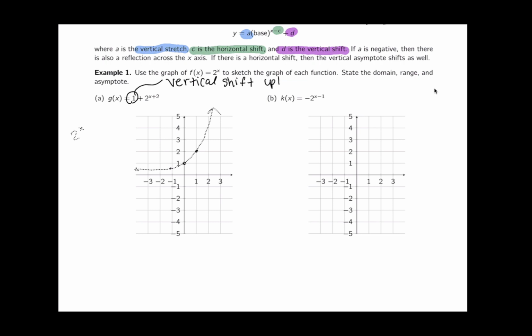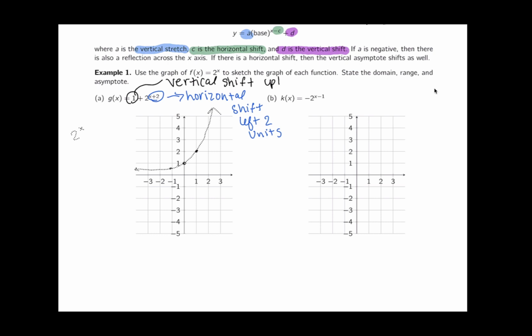The point is that it's not adding or subtracting from the x. The other translation we have here comes from this x plus 2. Since we're adding or subtracting right by that x, that's actually going to be the horizontal shift. It's like my c up here. We're going to go left 2 units. Left because it's a plus 2, and it's actually always the opposite of what you think it should be.